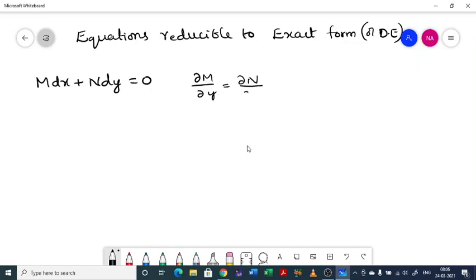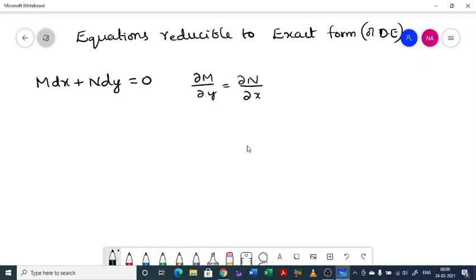But there are some differential equations which are not in exact form, but can be reduced to exact equations. Such equations we are going to consider under this section. A differential equation which is not exact can be made exact by multiplying it by an integrating factor.